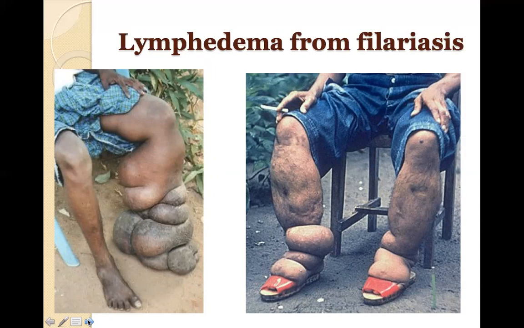Their national health organizations are finding more and more ways to eradicate this problem with the mosquitoes. But nevertheless, once the damage is done to the lymphatic system, the only course they have is to be treated for their lymphedema. And yes, those limbs, as terrible as they appear, can be treated. Absolutely, they can be treated. But again, these are in some of the poorest countries of the world where medical resources are lacking.